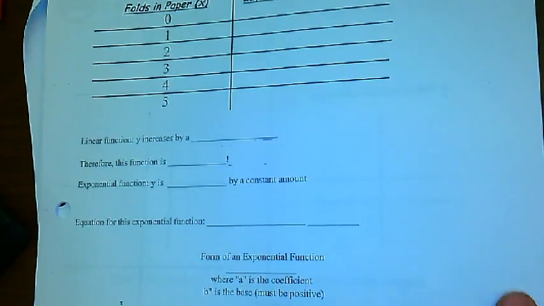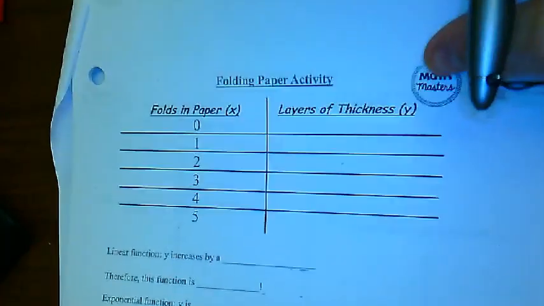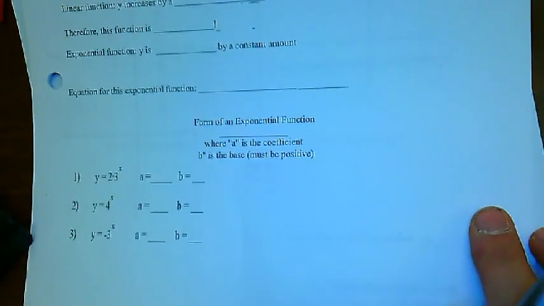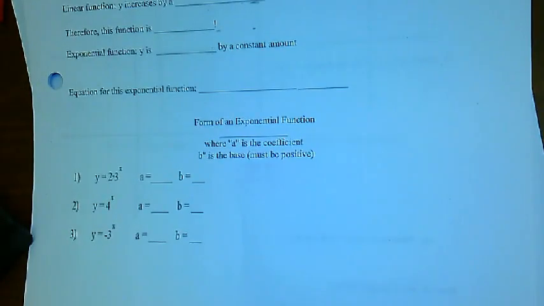So the form of an exponential function is going to be y is equal to a times b, and b is raised to the x power. The only thing being raised to the x power is your b value. Let's look at these examples and quickly write down our a. Our a is going to be the coefficient, and our b is going to be our base.